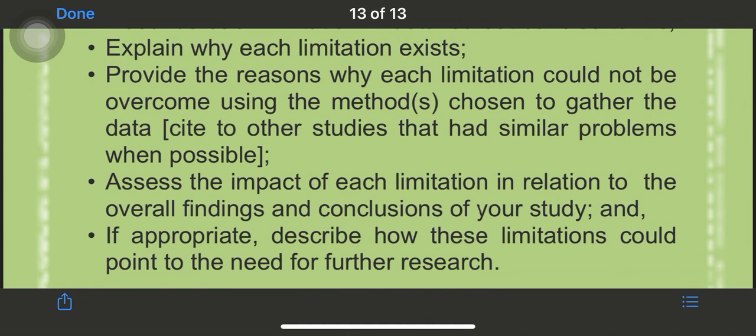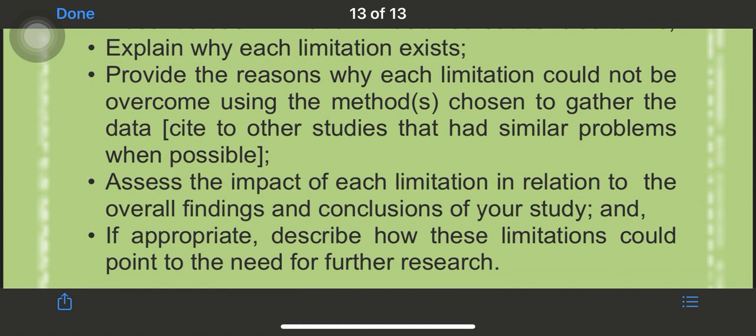Kunwari lang. Then sasabihin mo ng limitation mo ay puro perspective lang ito ng mga babae dahil nga walang male teachers in your particular district. So, that is beyond your control, na walang lalaking faculty teaching English. Okay? So, I hope you understood that.